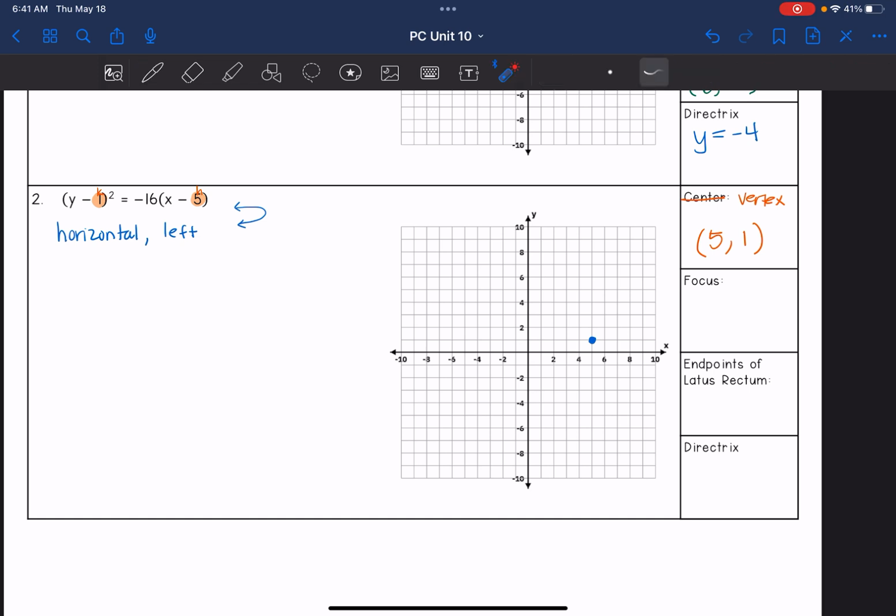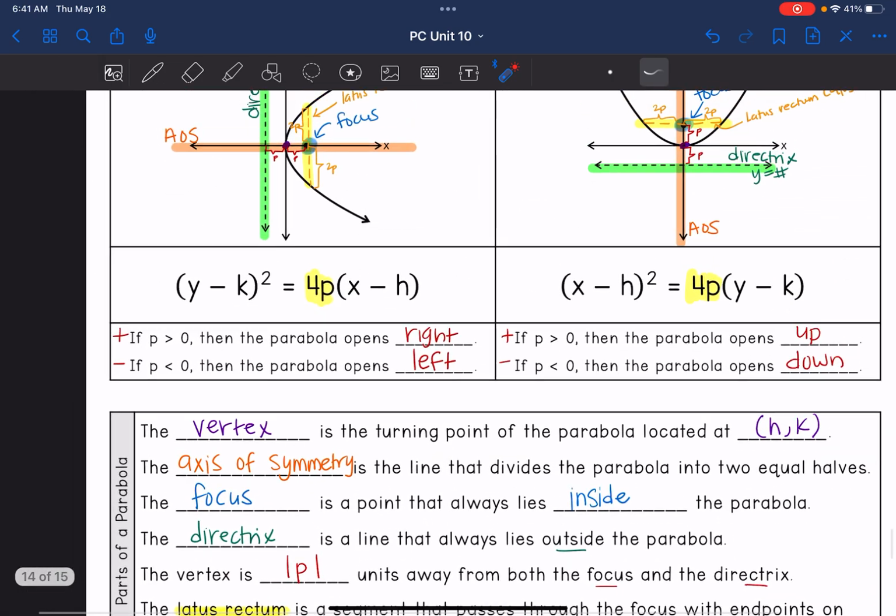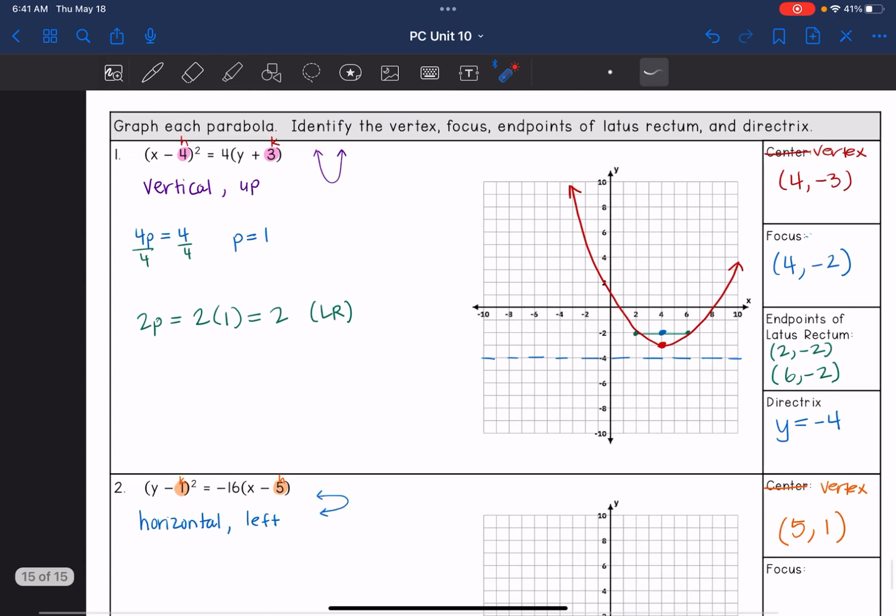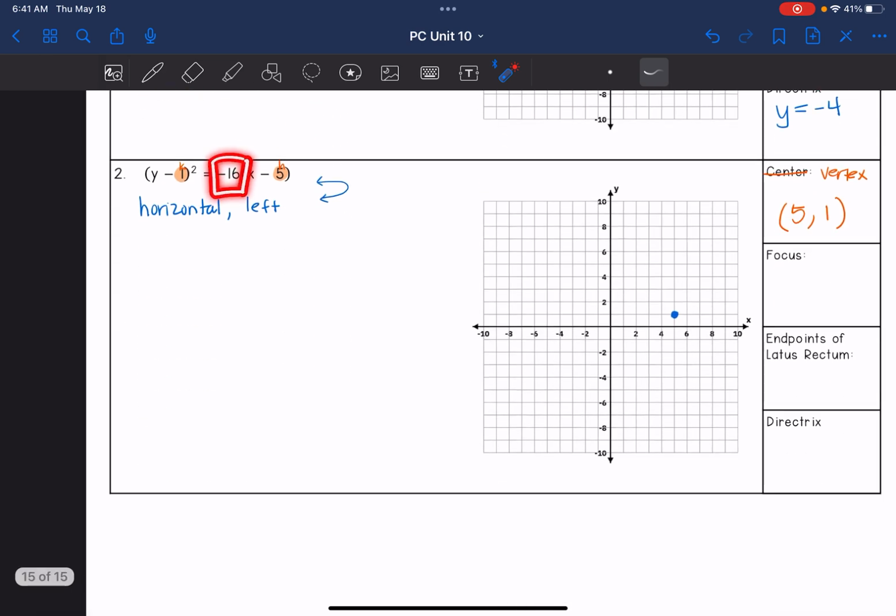Okay, so to find our focus, we need to know what P is. In our equation, whatever's in front of the parentheses is 4P. So for us, we have, sorry, wrong one. We have -16.